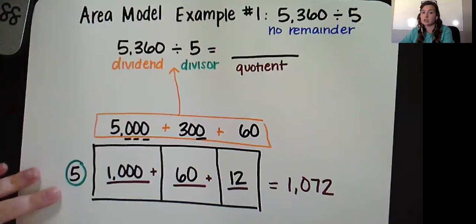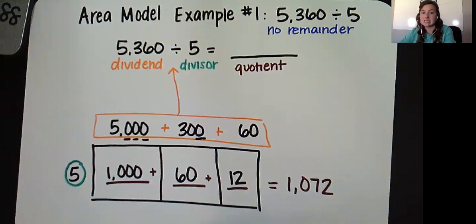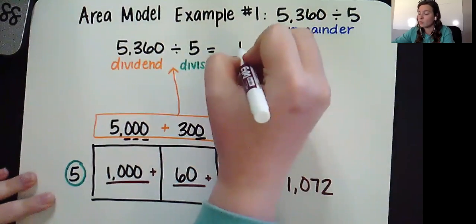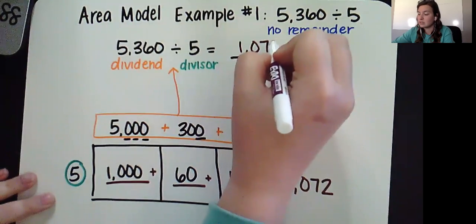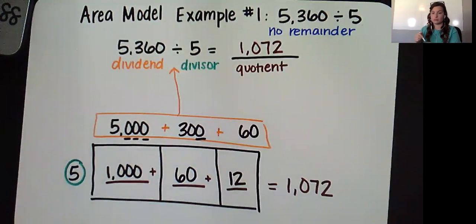So our answer for 5,360 divided by 5 is 1,072. We did it! Yay!